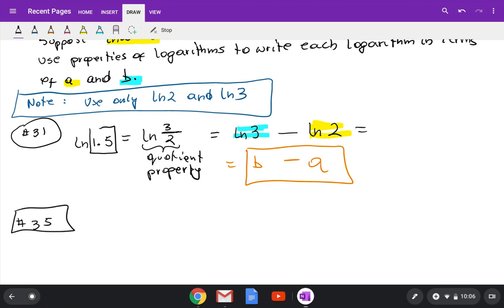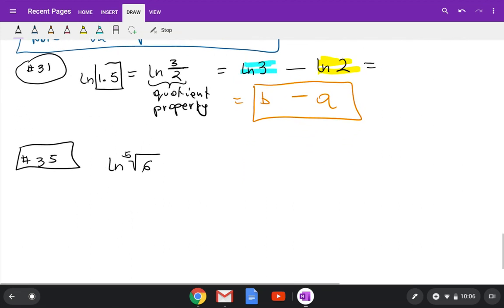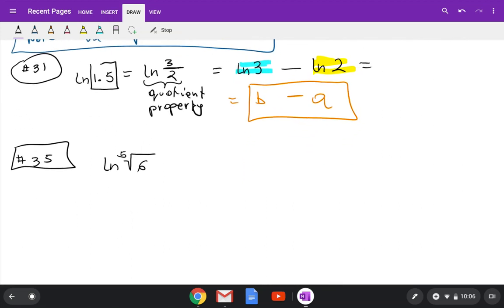Let's think how we can work with 35. In 35, they give you ln of the root of index 5 of 6. A couple things with those types of roots: just remember that any root, square root, cube root, can be rewritten as an exponent.